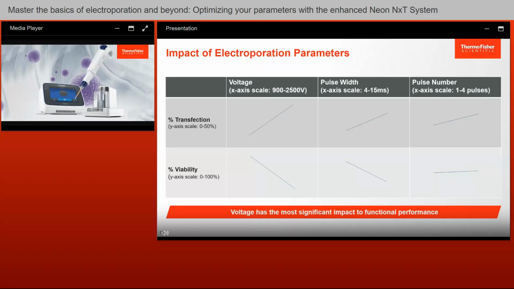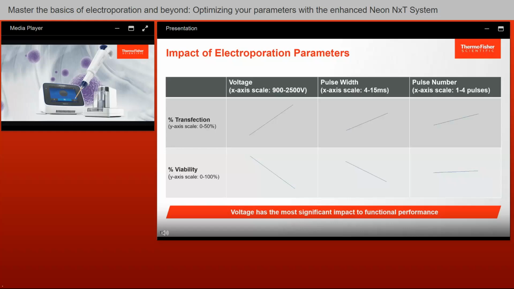Pulse width, or duration of the electrical pulse, also affects the efficiency of electroporation. Longer pulses can produce more efficient uptake, but they can also cause more cell damage, while shorter pulses may be less efficient but cause less damage.